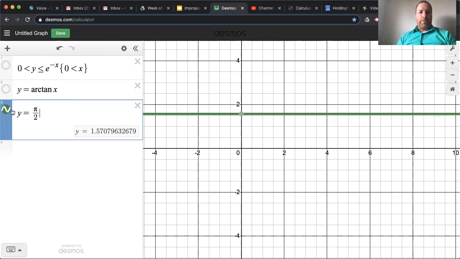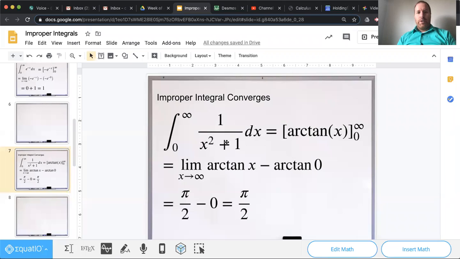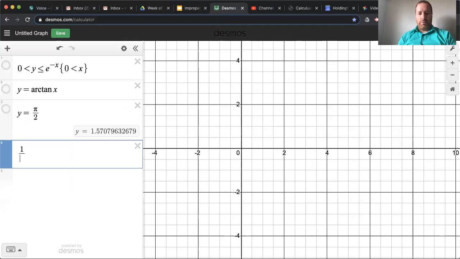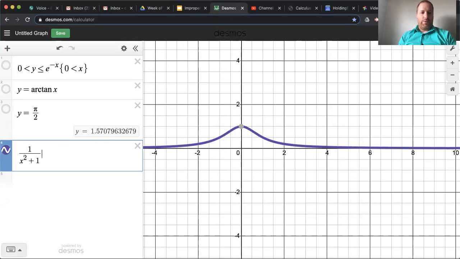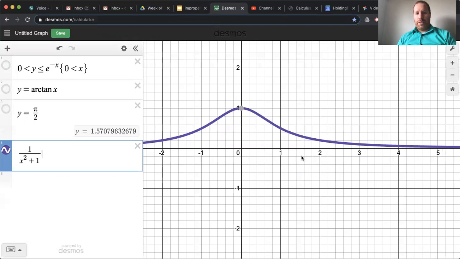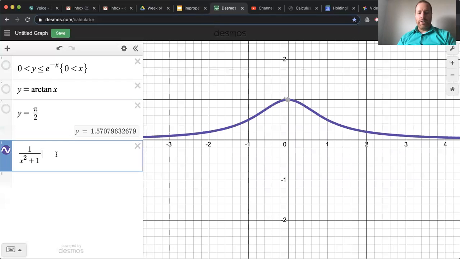So again, what did we actually do here? We took this function, this 1 over x squared plus 1, just to reiterate. And again, if this makes sense and you want to jump ahead, go for it. So we're taking this function, which looks kind of neat here, and we are evaluating all the stuff that is greater than 0.